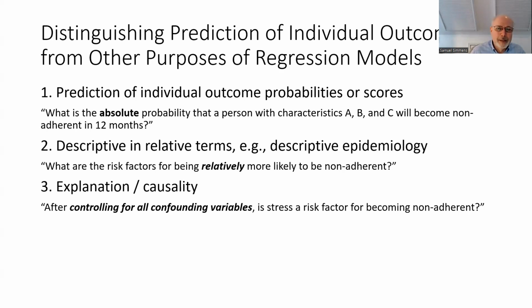adherent to medication. It doesn't make any sense in a causal sense: if they're on anti-hypertension medicine, you wouldn't prescribe that to make them more adherent to their HIV medicines.